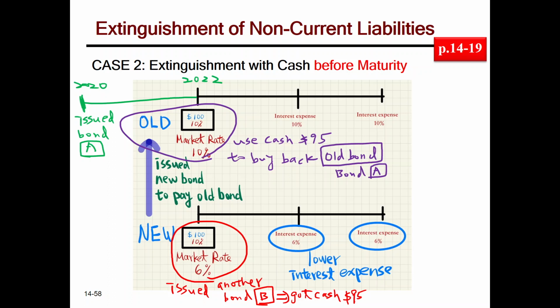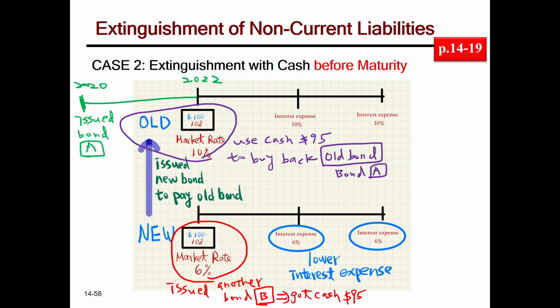Lower, right? So today in 2022, your market interest rate is lower, for example only 6%. So what does that mean? I issue a new bond, I just need to pay a 6% interest rate for the following years.